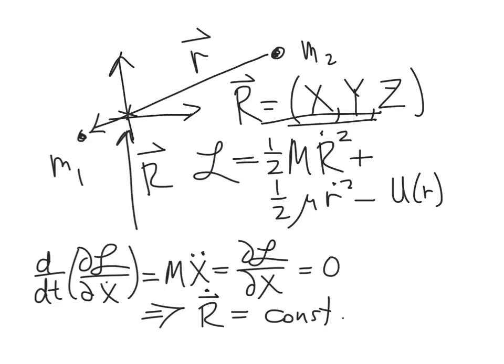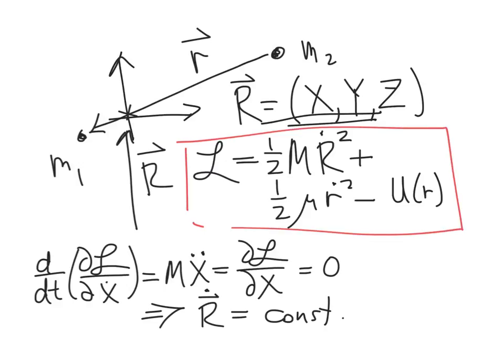Our Lagrangian, remember, we wrote as this. And you can see that there is no explicit dependence of the Lagrangian on the center of mass position coordinate. In other words, if we were to just consider the x-coordinate of the center of mass and apply the Euler-Lagrange equation, we find that the time derivative of the partial of the Lagrangian with respect to X dot is just M X double dot.